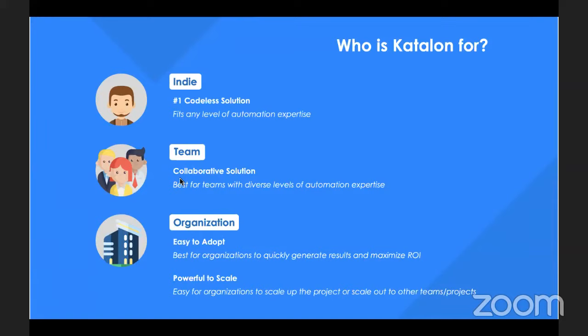And then when they have that set up with Katalon Studio, it can be used by junior automation testers or even manual testers to really create the tests and continue the solution. So that's the best way people out there are using Katalon Studio in a team.